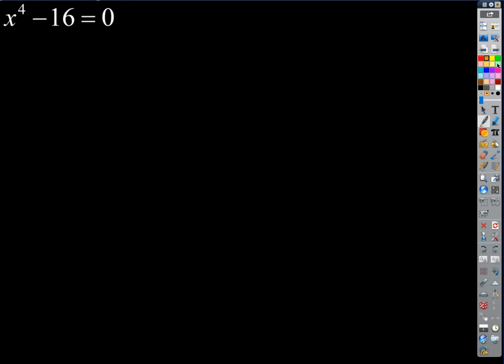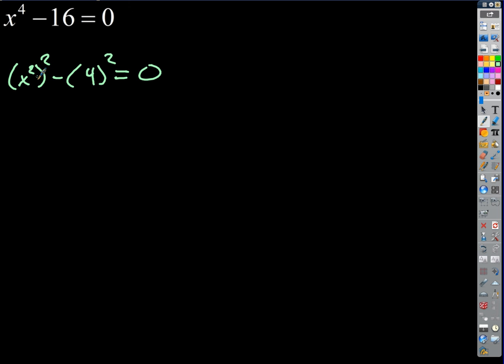Yeah. Okay, so we actually could write this as something squared minus something squared, couldn't we? Well, that's just a 4, obviously, but x squared squared equals x to the 4th, doesn't it? Right?